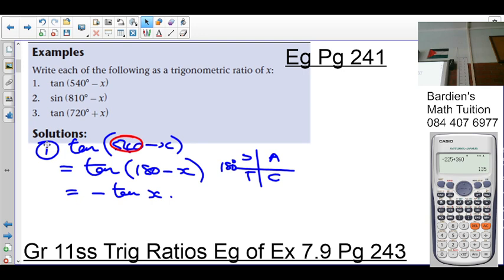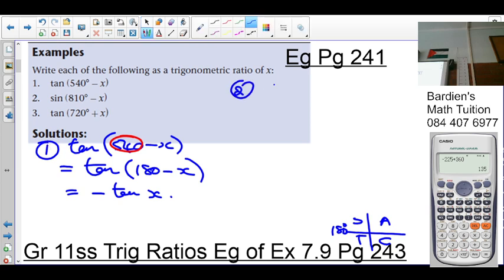Each is saying it's because it's negative. If I change it, it's going to be negative sine over cos. But why am I not going to change it yet? You don't need to change it, so it's not going to cancel anything. If your final answer is sine over cos, then you change it to tan, because tan is in a simpler form than sine over cos. Understand? Let's look at number 2.